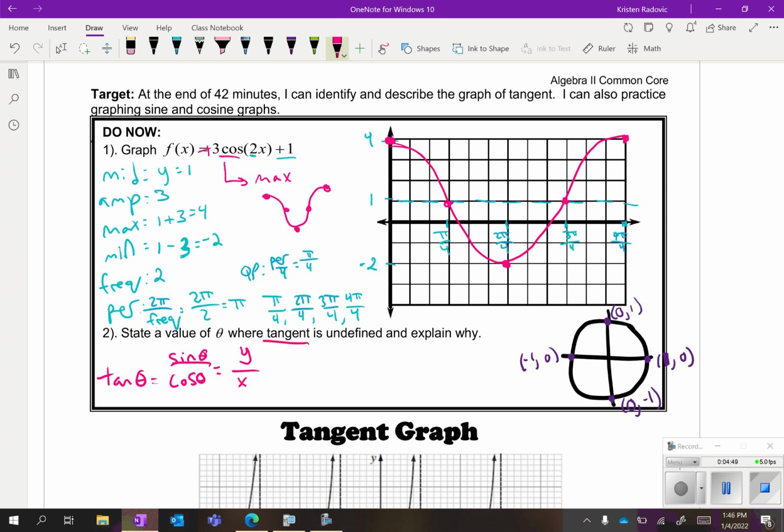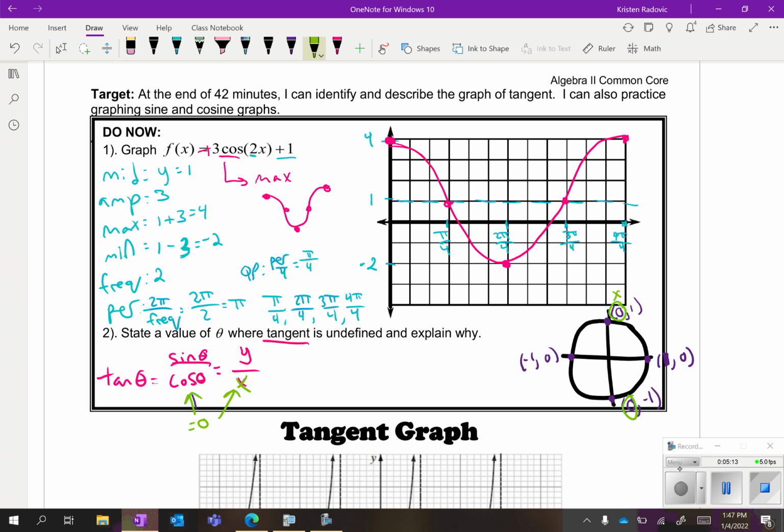Now, something is undefined when the denominator is equal to 0. So we're really looking for where x is equal to 0 out of these 4 coordinates. X is equal to 0 at 2 points, up top and on the bottom. And we don't want x to be 0 because x is in the denominator, making it undefined.